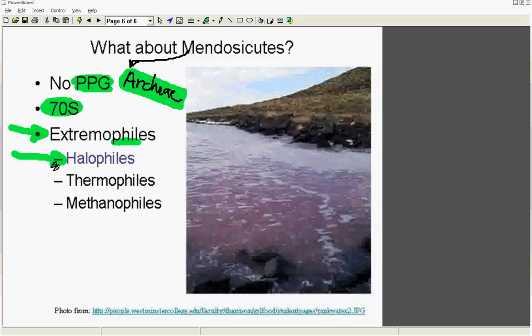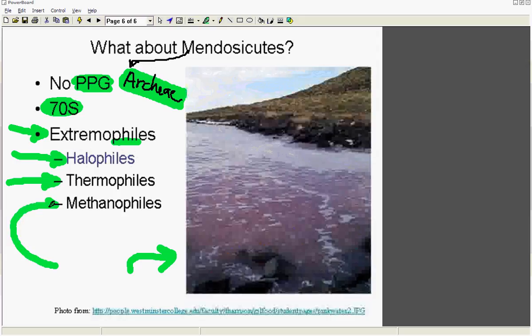Some of them are halophiles. Halophiles love salty environments. So, for example, if we look at the Great Salt Lake, like you see here, the water there can have a pinkish hue to it. That pinkish coloration is due to the bacteria that are growing in the extremely salty environment. Thermophiles are bacteria that grow very well in high heat conditions, like in the thermal pools in Yellowstone National Park.